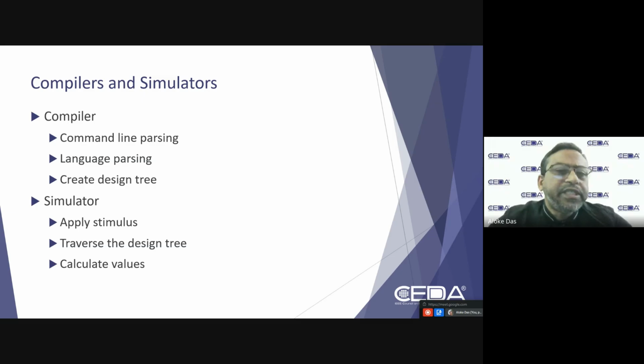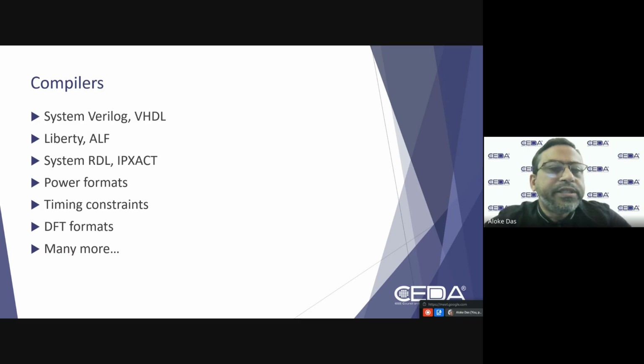So these are basically two things we'll be talking about throughout this series. The examples are compilers as well as simulators, of course: System Verilog, VHDL, Liberty, ALF, SystemRDL, IP-XACT, all these things. System Verilog and VHDL are hardcore languages, like C, C++, Java.